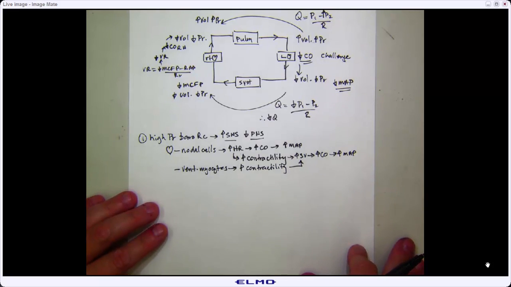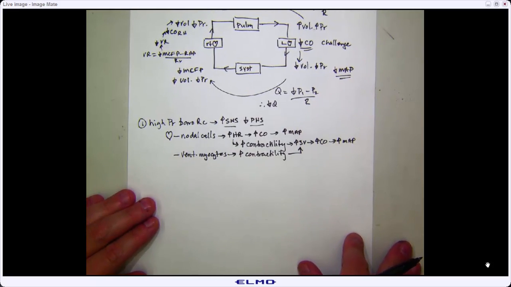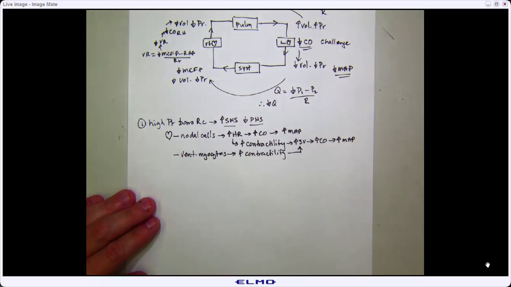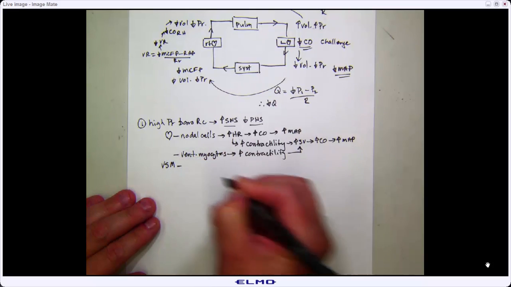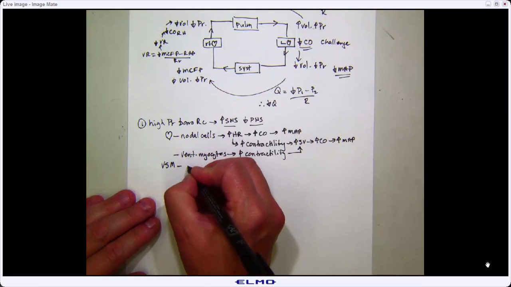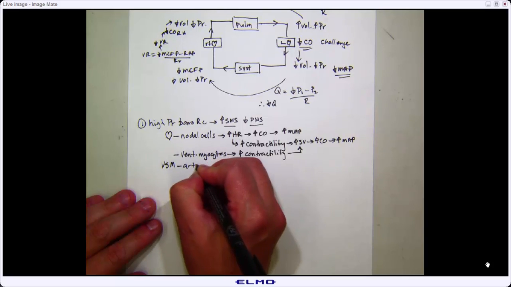So where else are we directly connected to the sympathetic nervous system? So we know we are connected to vascular smooth muscle, and vascular smooth muscle cells of the arterioles.